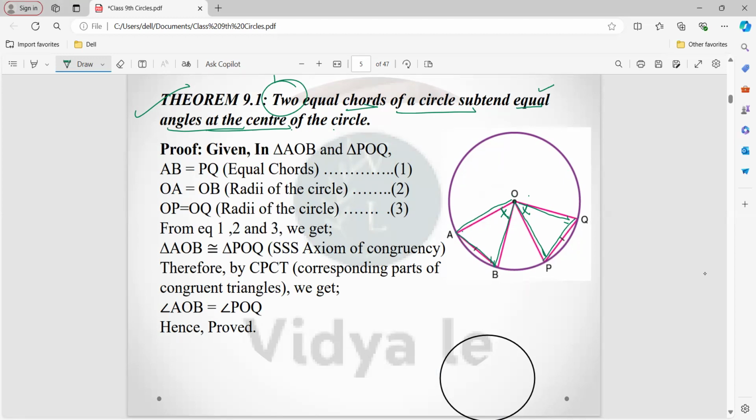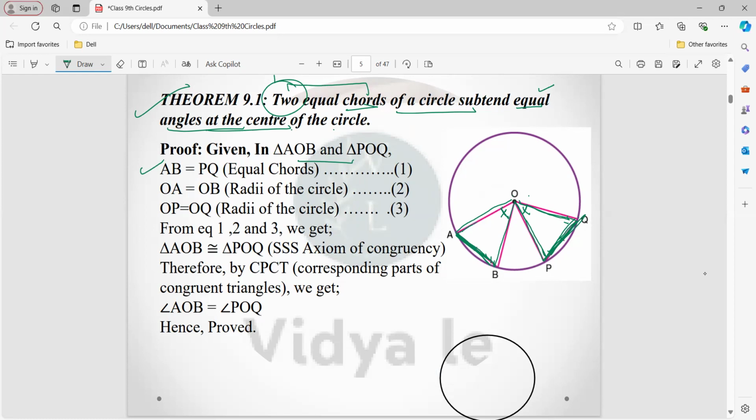So let's prove. Herein we have 2 triangles, triangle AOB and triangle POQ, right? Now, first of all, it is given that AB is equal to PQ as both are chords, and we have taken 2 equal chords only. So AB is equal to PQ, the first equation, as they are equal chords.